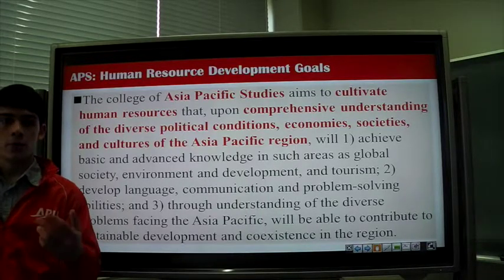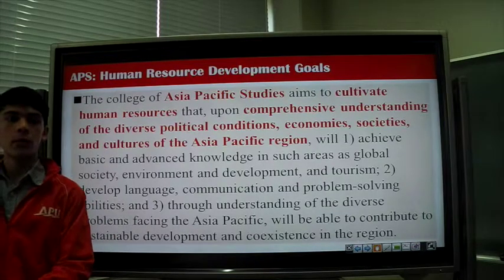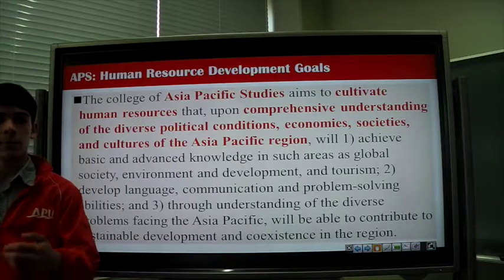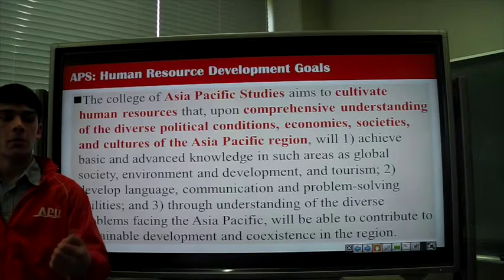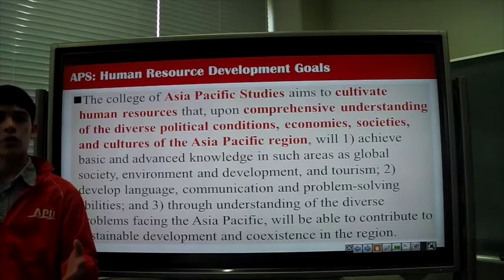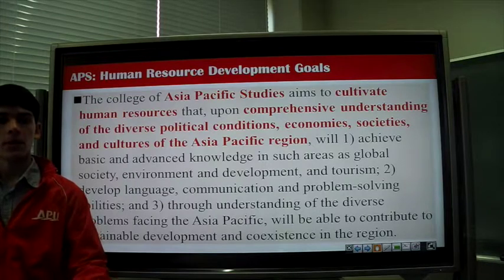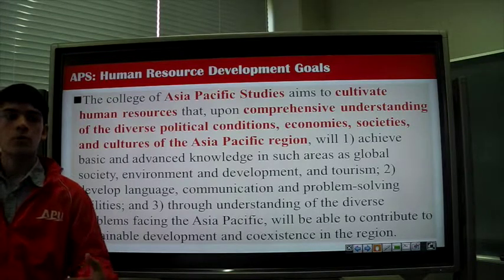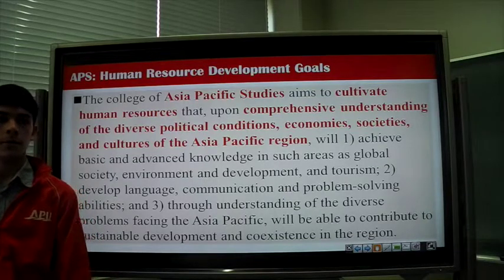It will achieve, firstly, basic and advanced knowledge in such areas as global society, environment and development, and tourism. Secondly, develop language, communication, and problem-solving abilities. And lastly, through understanding of the diverse problems facing the Asia-Pacific, it will be able to contribute to sustainable development and coexistence in this region.